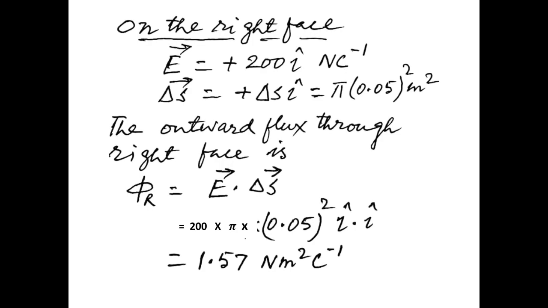Now on the right face, you can see E equal to 200 i Newton per coulomb, delta S equal to plus delta S i. Now phi R equal to E dot delta S. We can take the dot product simply. Putting the value of E and delta S, we find that phi R equal to 1.57 Newton meter square per coulomb.